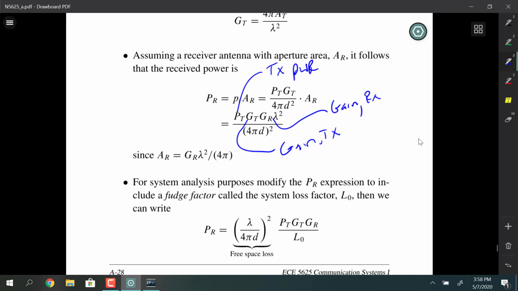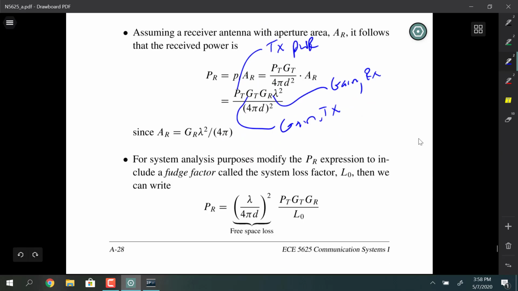So it has some attributes that maybe are of interest, and the big attribute this has is what's called free space path loss, and that's the quantity lambda over 4 pi d squared. That's the effective loss that you have in going from the transmit to the receive antenna.